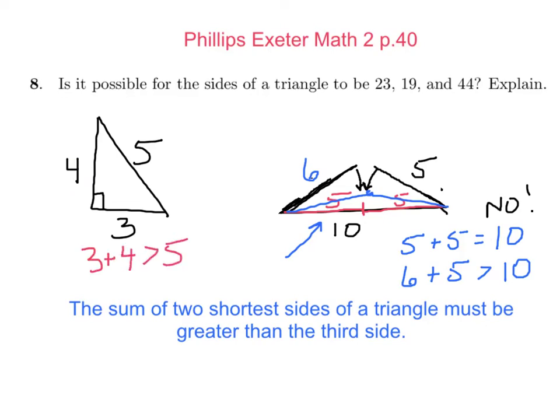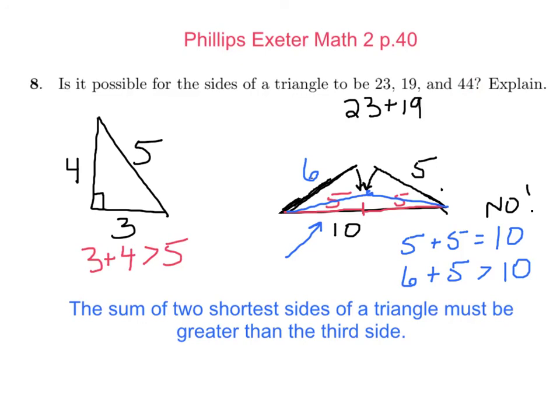That's why that works. So going back to our original question, is it possible to have a triangle with sides 23, 19, and 44? Well, you've got to take 23 plus 19.